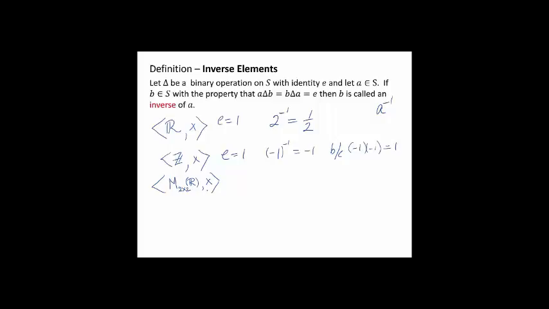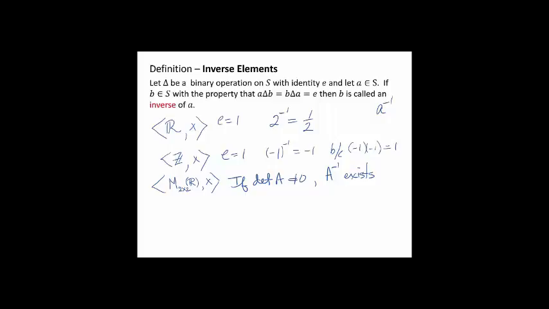Now, of course, not all 2 by 2 matrices have inverses, but if the determinant of A is not 0, we call the inverse A inverse, it exists. So notice you use the same notation. It does not mean 1 over A, does it? 1 over a matrix makes no sense. This is the way we read it, A inverse.